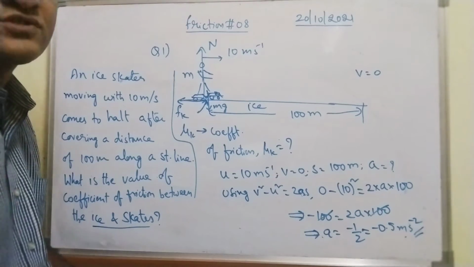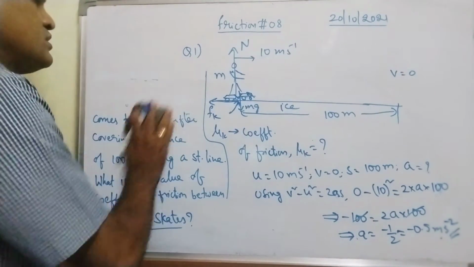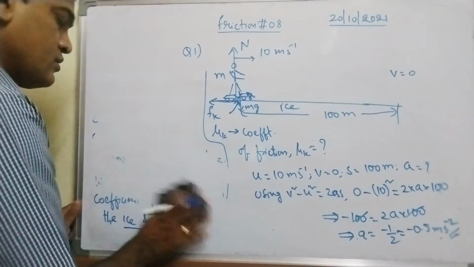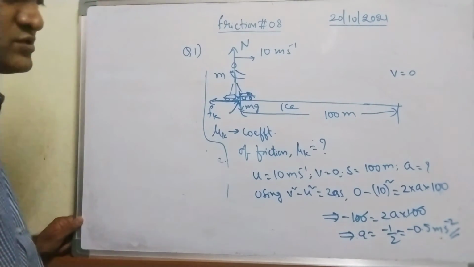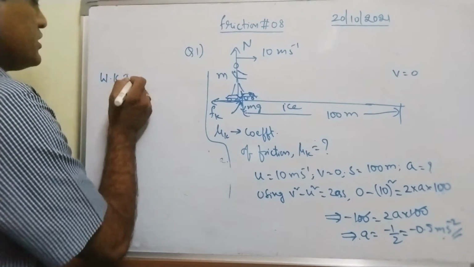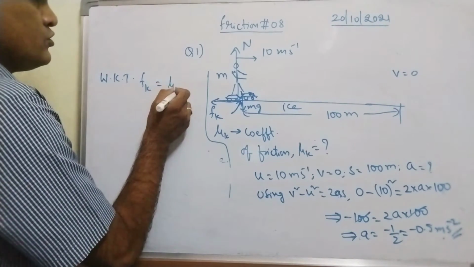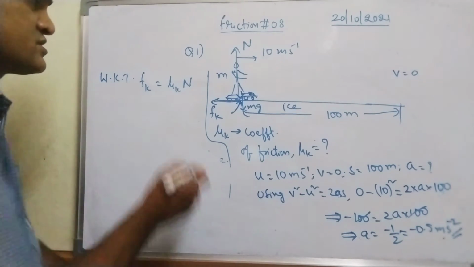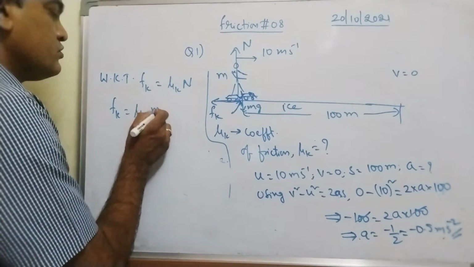As you know, the formula for frictional force, because mu k you will get only through frictional force, is Fk equal to mu k into normal force, but normal force is balanced by weight of the skater. So Fk is equal to mu k into mg.